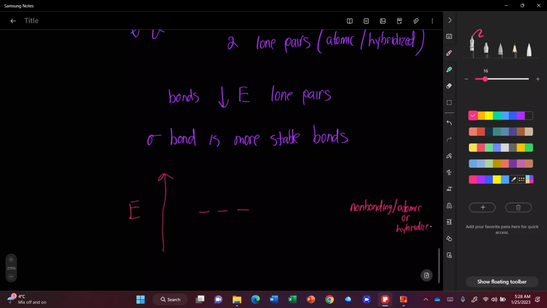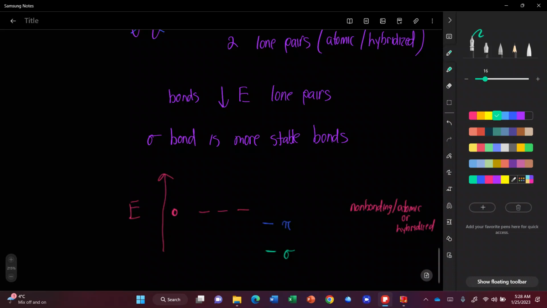I would call that the zero point of energy. Pi bonds are more stable than that, but sigma bonds are even more stable than that. So in terms of energy, sigma bonds are the most stable, then pi bonds, and then no stability at all, which would be just a lone pair.